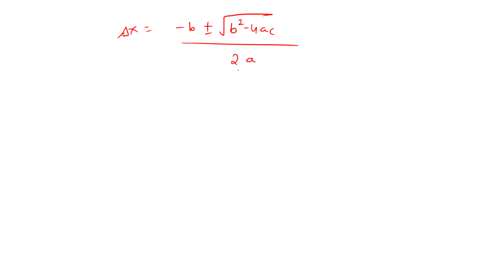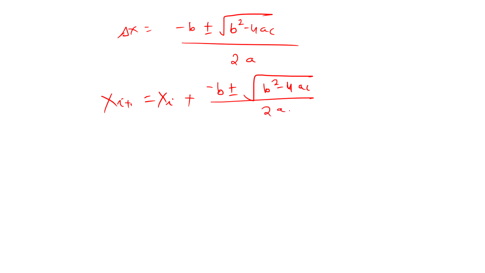Now there is this condition that xi plus 1 is nothing but xi plus delta x, which is xi minus b plus minus root of b square minus 4ac upon 2a.